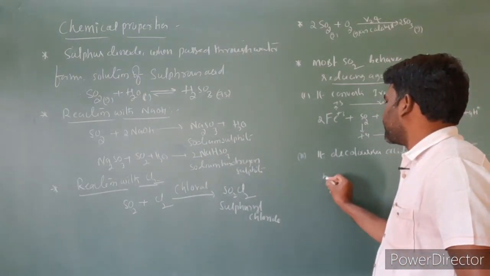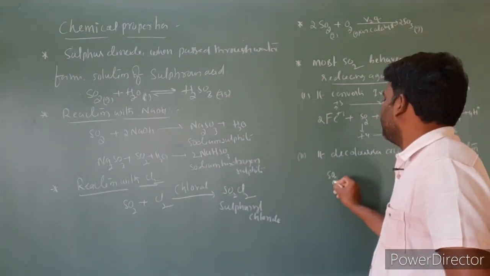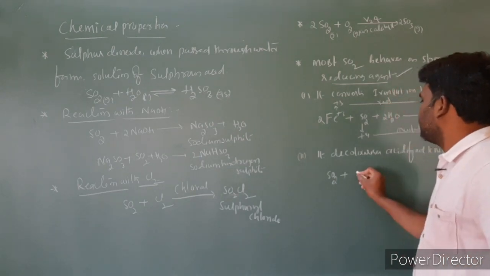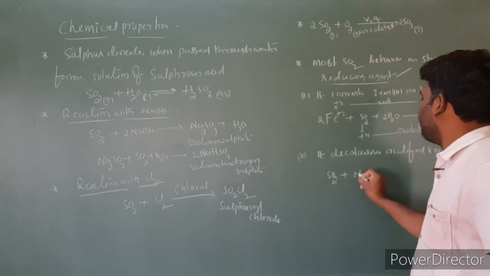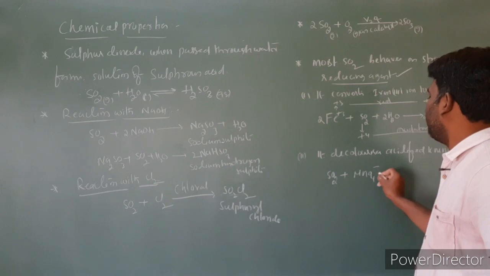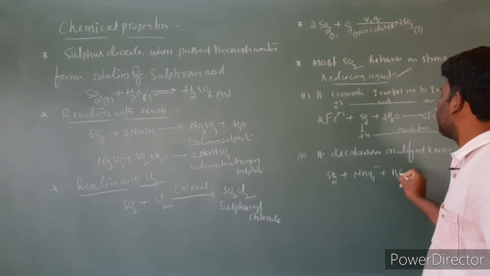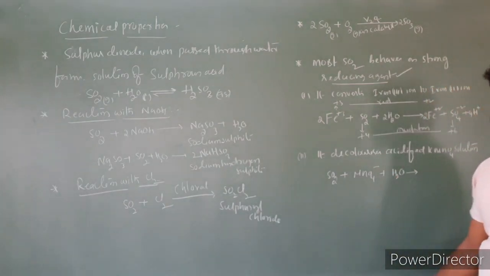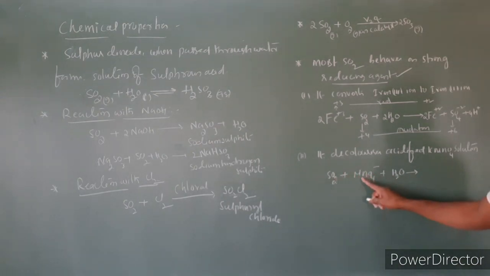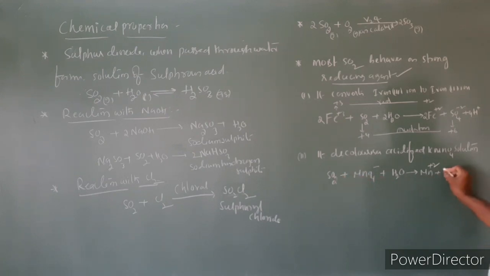Now let us look at the equation. SO2 plus MnO4 minus plus H2O gives rise to the products: MnO4 minus converting into Mn plus 2, and SO2 converting into SO4 minus 2 plus H plus.